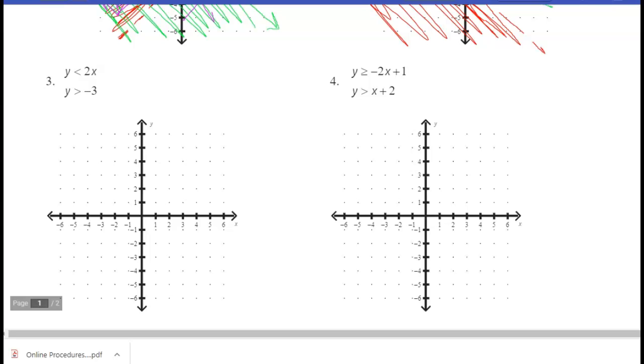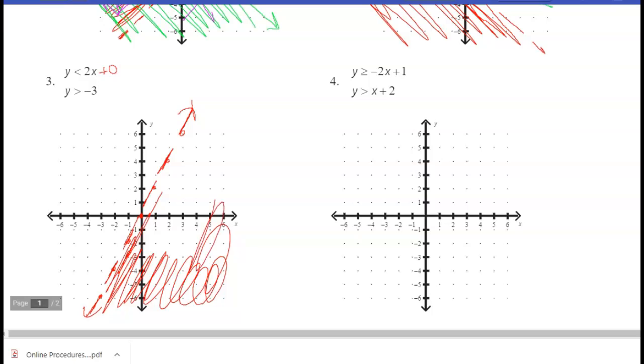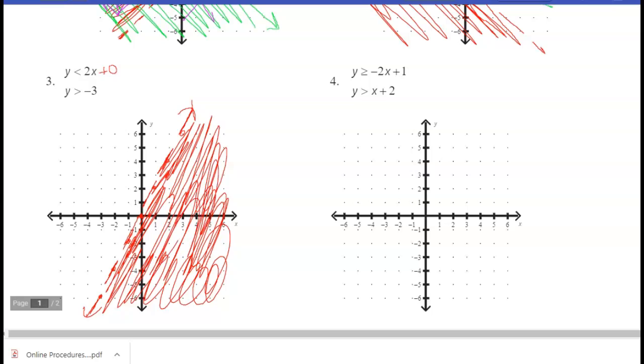Okay. Next one, y is less than 2x. So that means we start right here at 0 because it's 2x plus 0. And I got a slope of 2, so I go up 2 over 1. And it is a dotted line, so we're going to make this dotted because it's a less than. And things that are less than shade below over here. So any point below this line would satisfy the first equation.